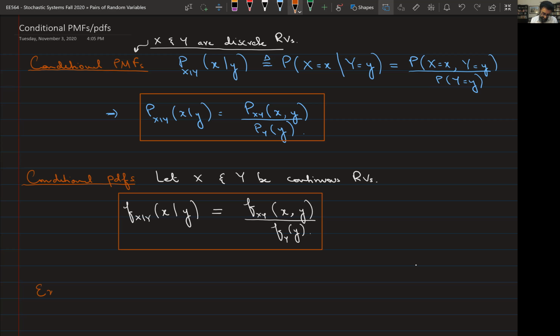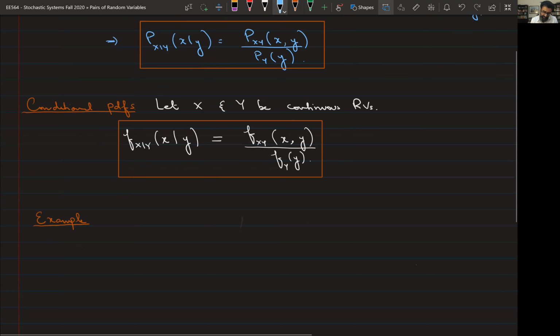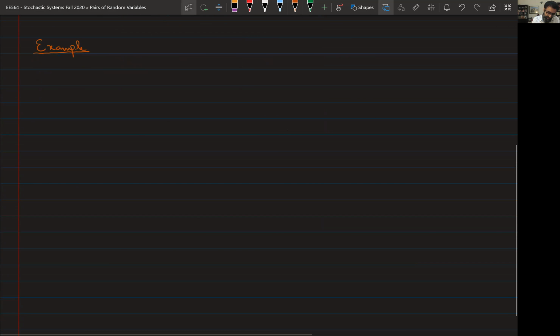So let's do an example. The example I want to do here is actually that same circle example that we did in the last class. And I am going to write down the results directly without going over the proofs again, right? So we said that capital X and capital Y are random variables, and recall the robot example.